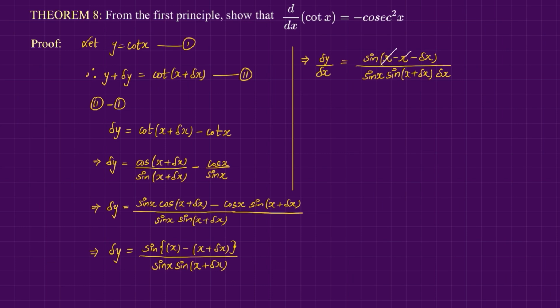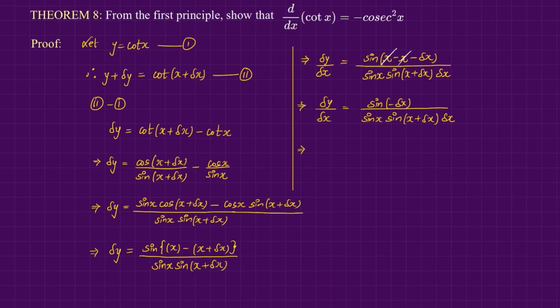In the numerator, minus x and plus x get cancelled, so we'll have delta y by delta x equals sine of minus delta x whole divided by sine x sine of (x plus delta x) into delta x.